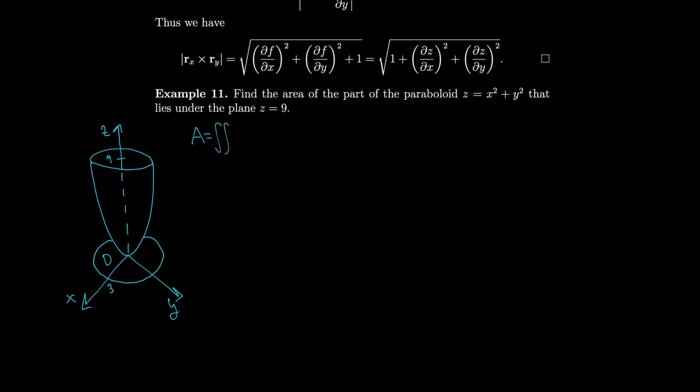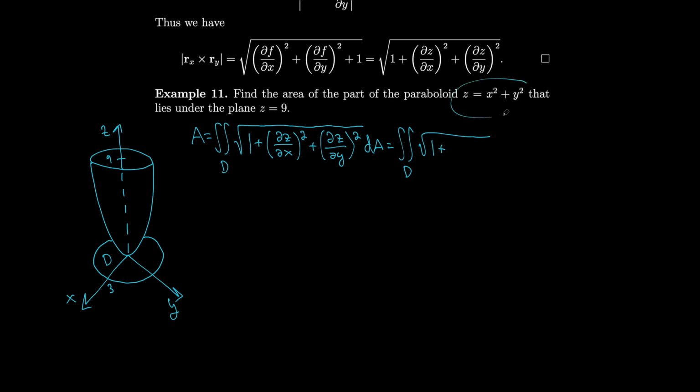That'll be the double integral over D of the square root of 1 plus each of these partials squared. So partial z with respect to x squared plus the partial of z with respect to y squared, and that'll be the double integral over D of the square root of 1 plus, let's see, partial of this guy with respect to x is just 2x, and then the partial with respect to y is just 2y.